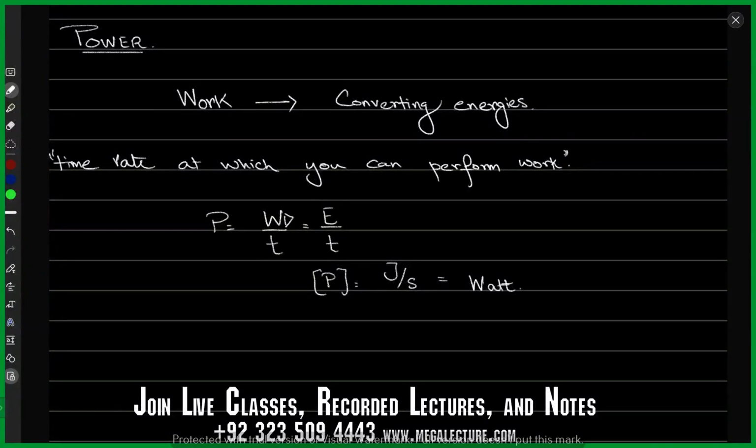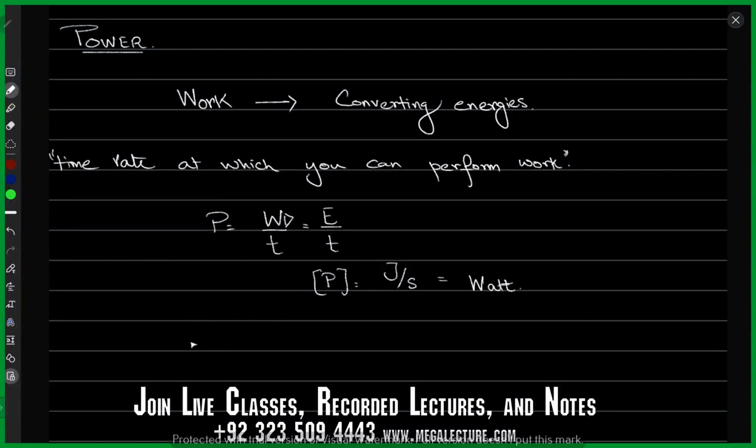Okay. So then let's come to the reason why it's called power, right? Think of a machine. Now, if I have a machine and it converts more energy in a given time compared to some other machine.